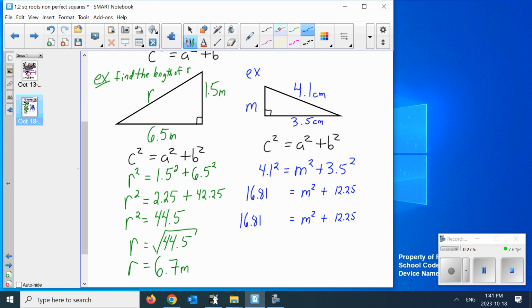So 16.81 minus 12.25. This is algebra. On the left-hand side, I use a calculator and do the subtraction. I get 4.56.